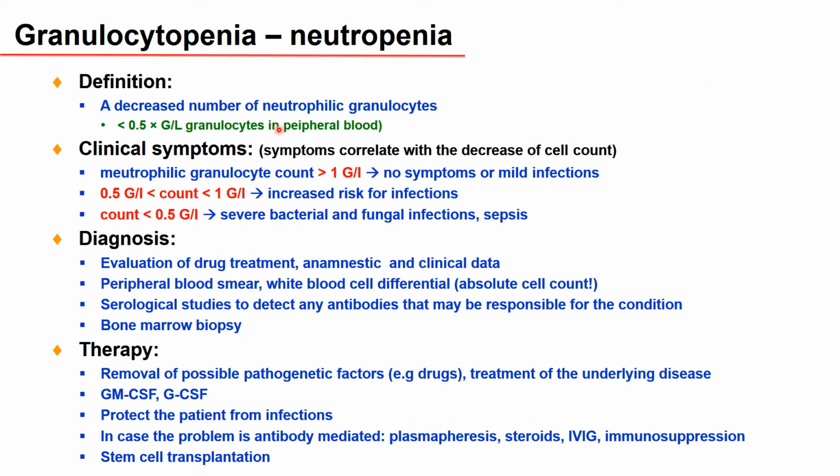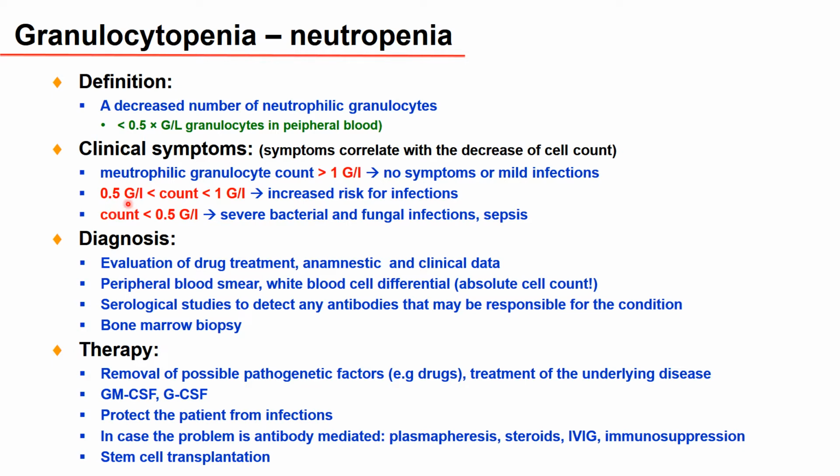Now, granulocytopenia or neutropenia, when we do have a decreased number of neutrophils in the periphery. Usually we call it when the number of granulocytes is less than 0.5 giga per liter. Now, what could be the clinical symptoms? Mostly the clinical symptoms correlate with the decrease of the cell count. If we do have more than 1 giga per liter, relatively there are no symptoms or maybe very mild infectious diseases, and repeated infection can occur.